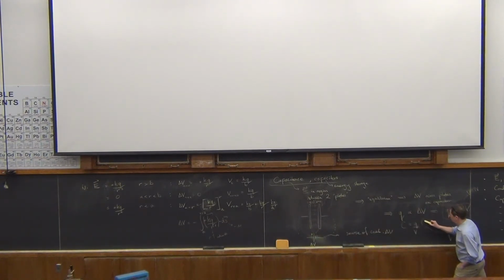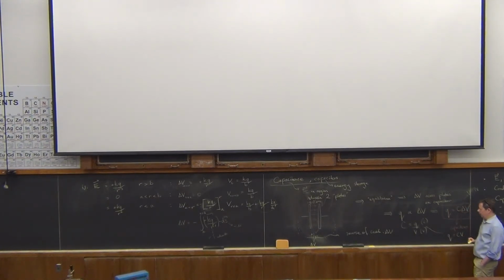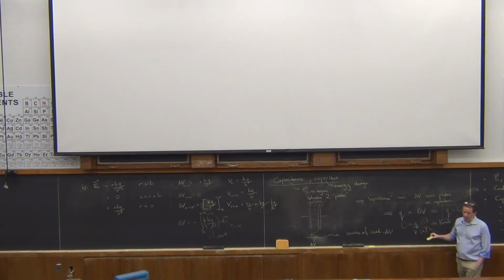And as this is a commonly used quantity in electrical circuits, we're going to define a new unit here. So coulombs over volts is also defined as farads. Okay, so we've now got a new unit of farad. 1 farad is 1 coulomb over 1 volt potential difference.